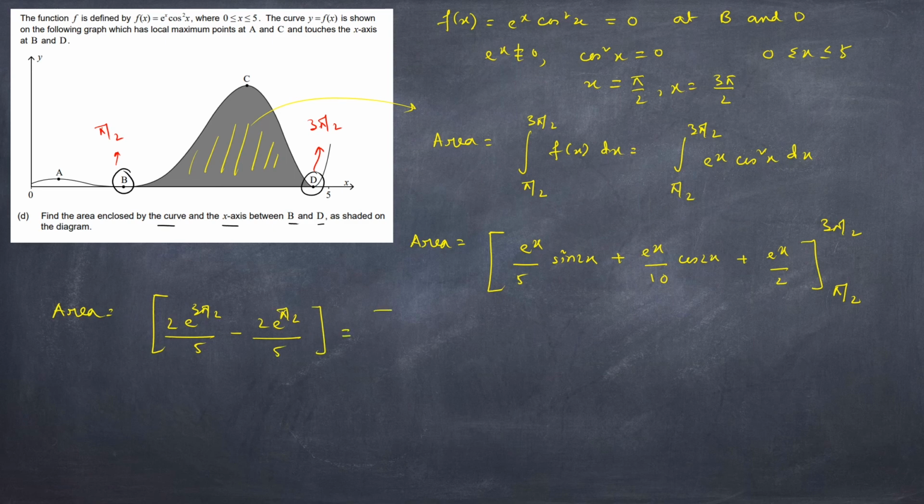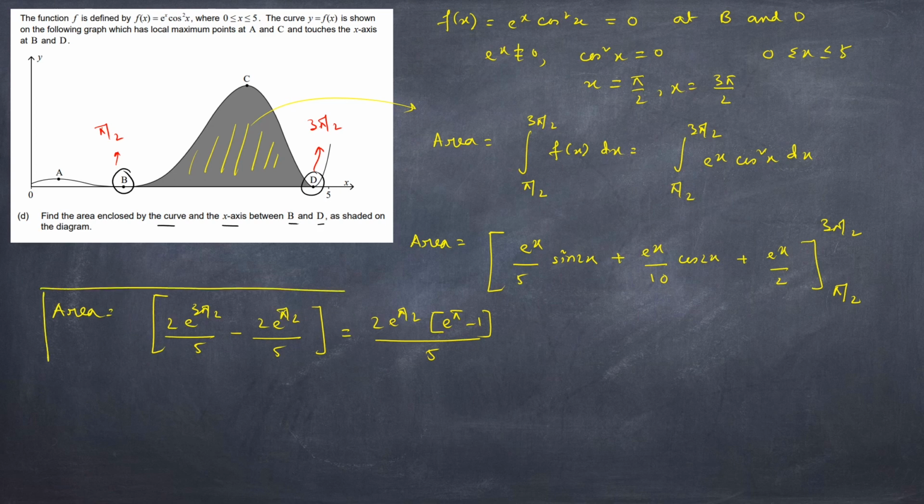We are taking 2 e to the power pi by 2 common, so 2 e to the power pi by 2 times the bracket e to the power pi minus 1, divided by 5. This we just need to remember. Just taking the common factor, the answer is here: e to the power pi minus 1 divided by 5. So this is the area.